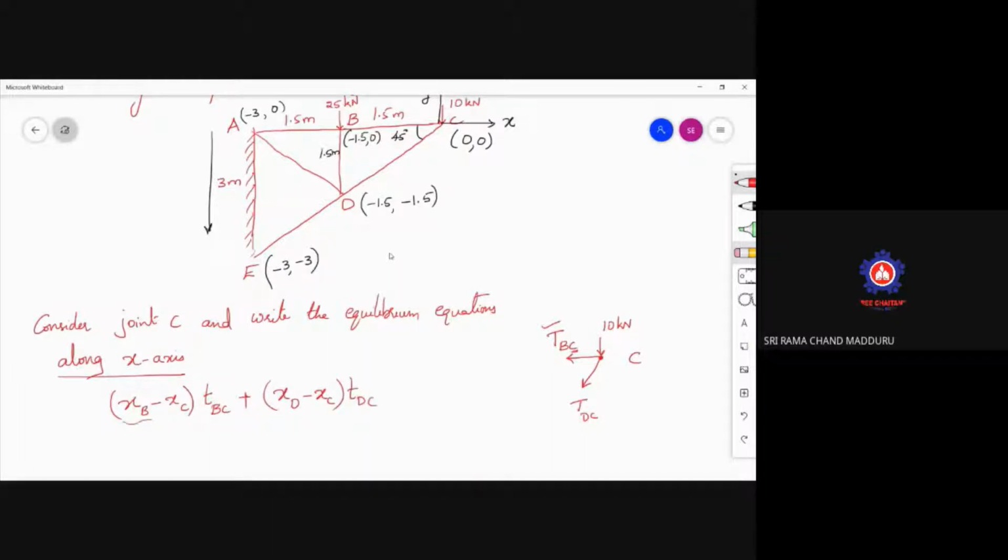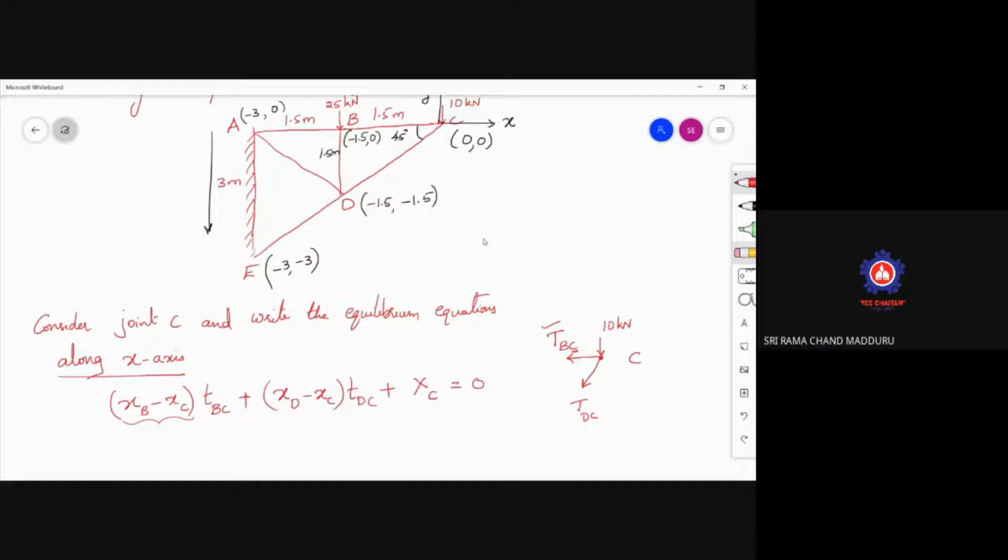This is the difference between the coordinates along the x-axis into the tension coefficient of the BC member, plus the difference between the coordinates for D and C into the tension coefficient of the DC member, plus capital XC, since we are writing the equilibrium equation along x.